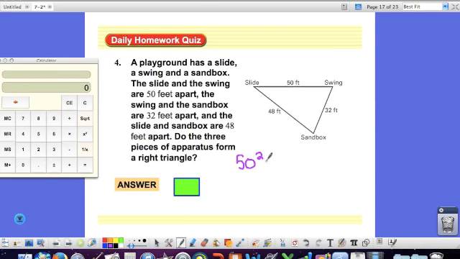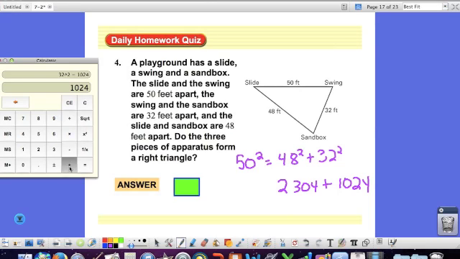But I'm going to do 50 squared equals 48 squared plus 32 squared. 48 squared is 2,304. 32 squared is 1,024. That plus that is 3,328.